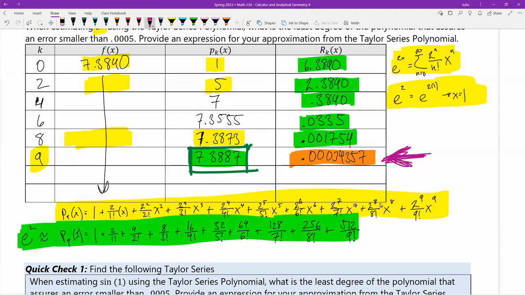Okay, this is the big part behind computer science. So this is saying that every single calculator, anything that has sine of x, cosine of x, tangent of x, anything that has e to the x or ln of x, doesn't know what it's doing really.